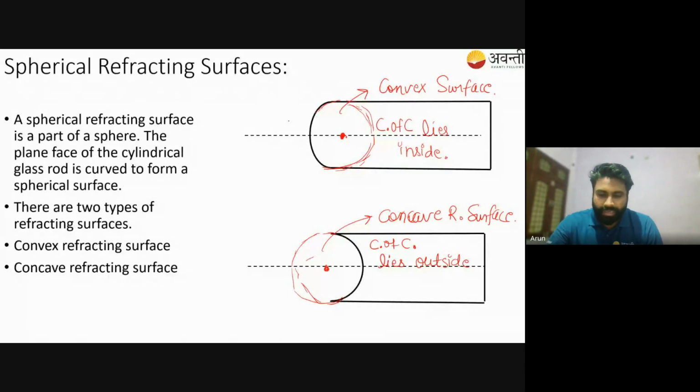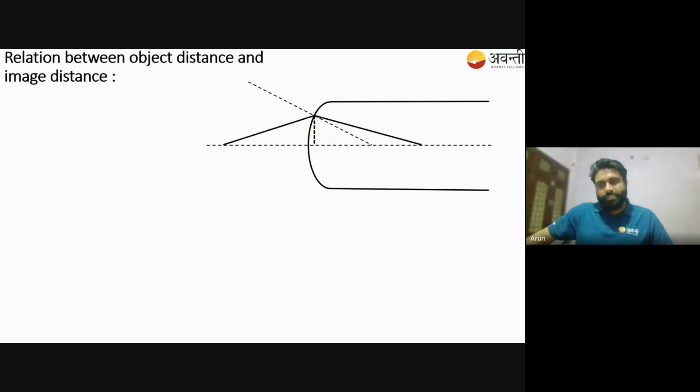Now we are going to see the relation: if we place an object here, it definitely forms some image of it. So what is the relation between the object distance and image distance if we place this object in front of a refracting surface? That relation we are going to derive, and we would see what assumptions we have to make and how we will move through it.